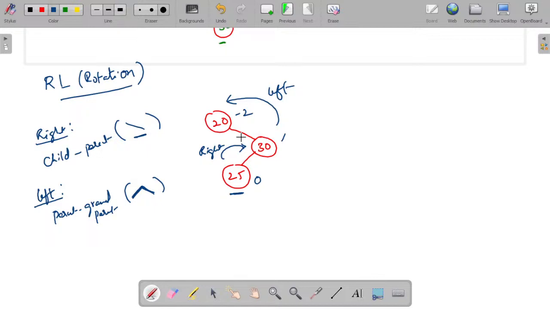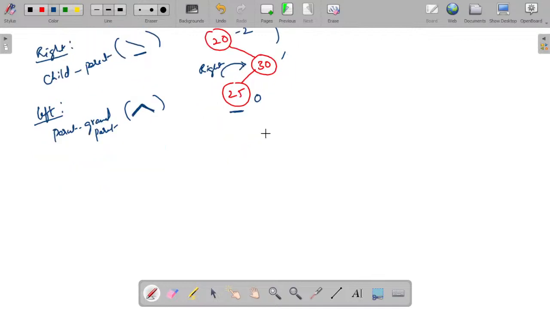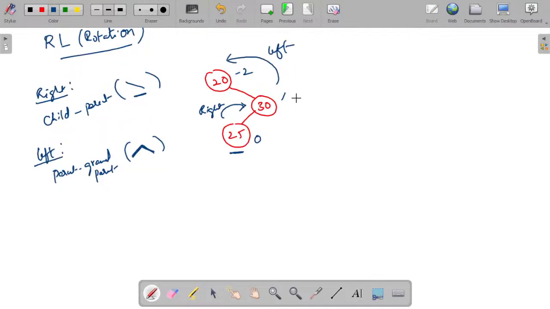Now let us see how we can perform this. First we have to perform a right rotation and then the left rotation, so the tree would change into something like this.